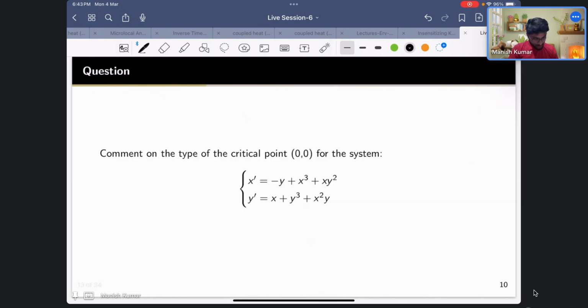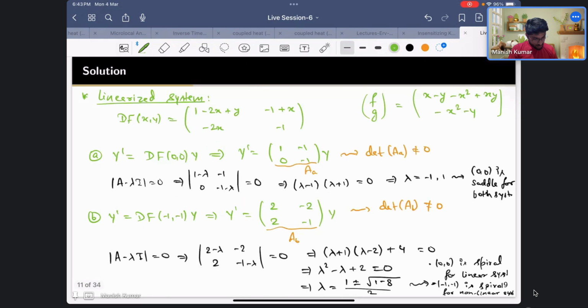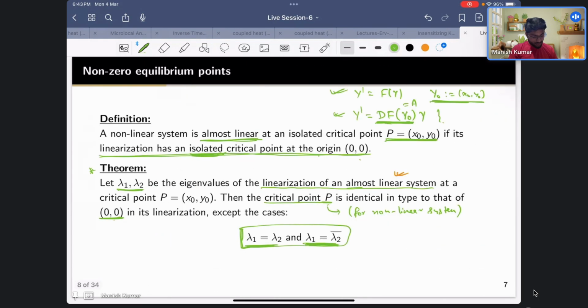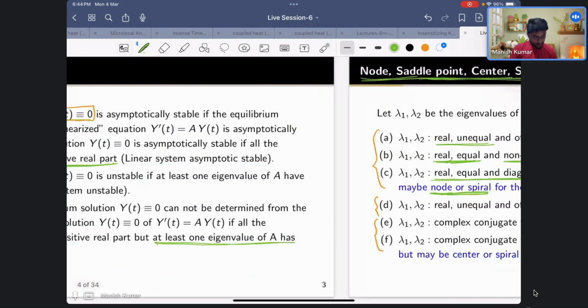Okay, so let us look at some more examples. In this theorem, nothing has been mentioned about those conditions, because here anyway we don't have p and q, we have just this kind of system, y prime equal to fy. So we don't have any such conditions that you were asking about.